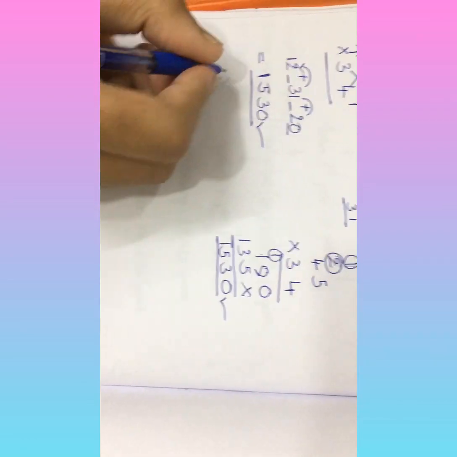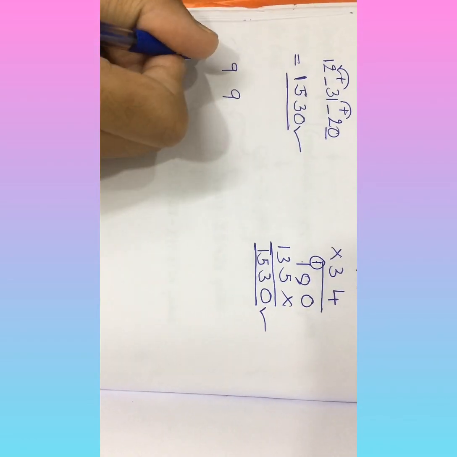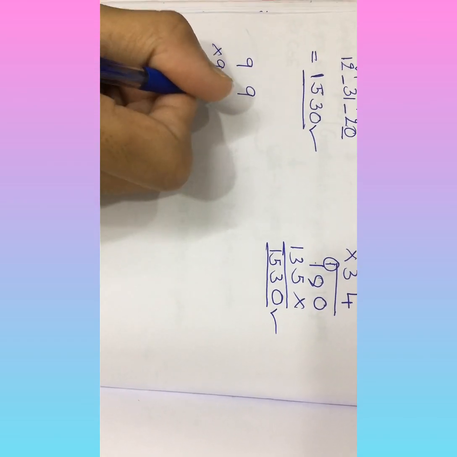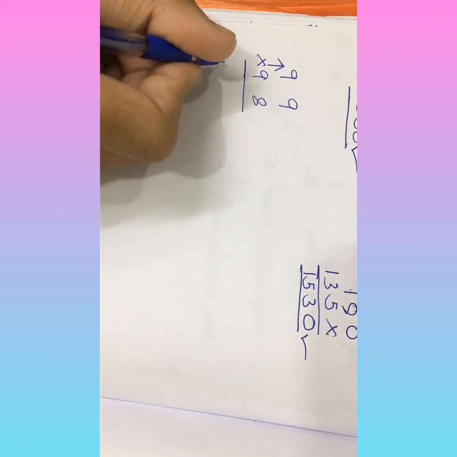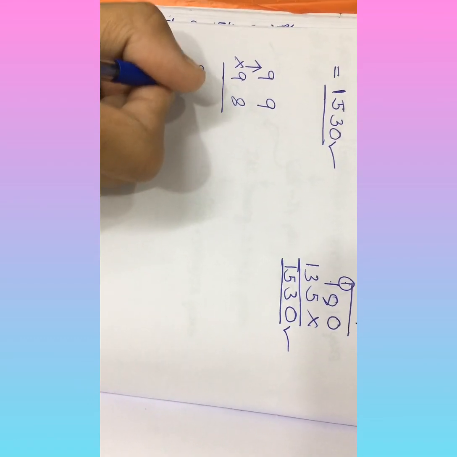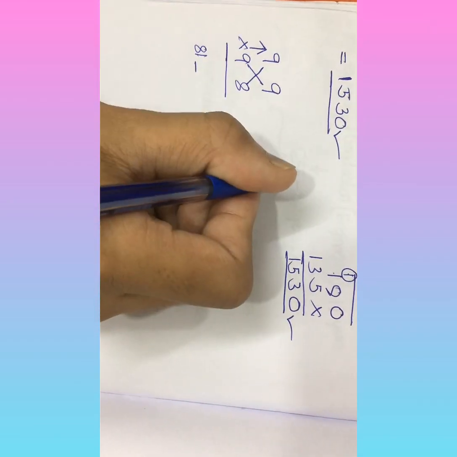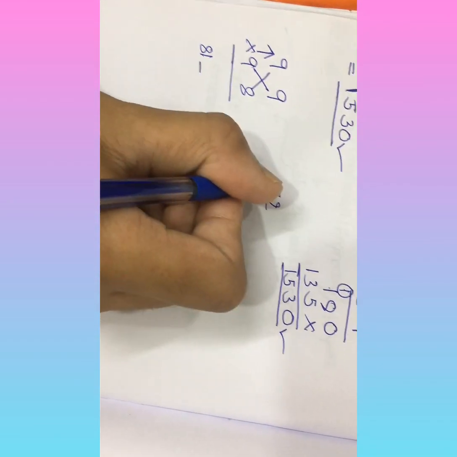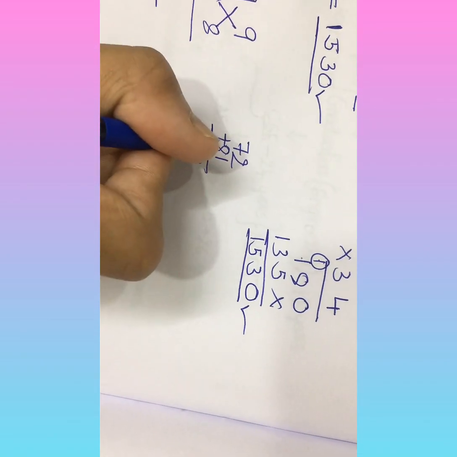So let's check another example, that is 99 into 98. First we multiply 9 into 9, that is 81. Next we multiply 9 into 8 plus 9 into 9, that is 72 plus 81. We'll get 153.